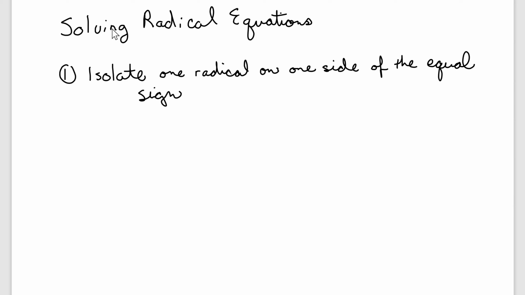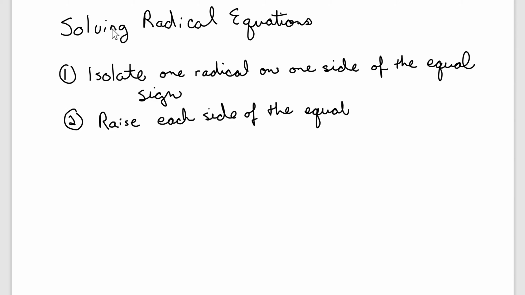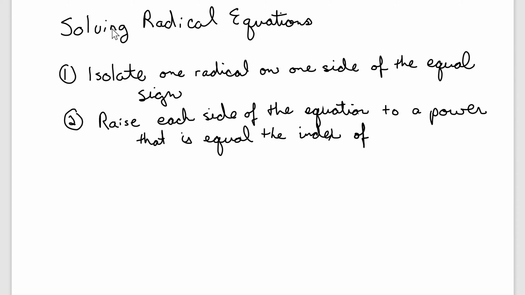After we have isolated the radical, the second step is we're going to raise each side of the equation to a power that is equal to the index of the radical.